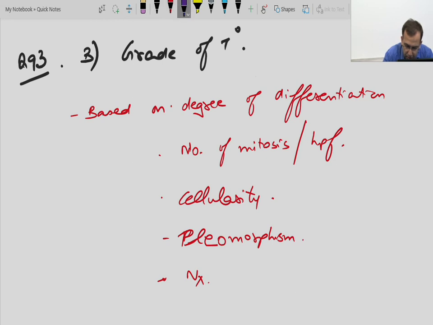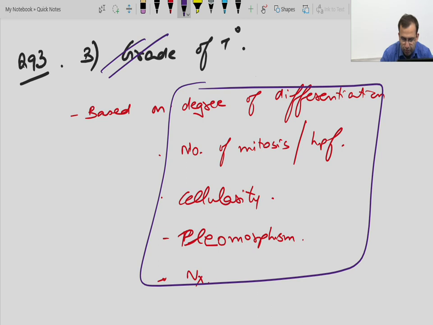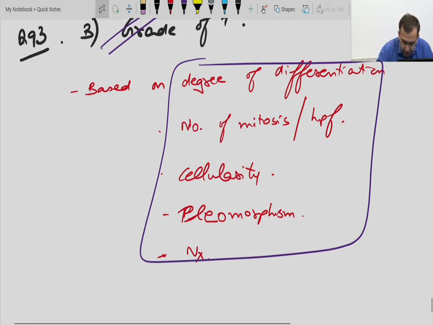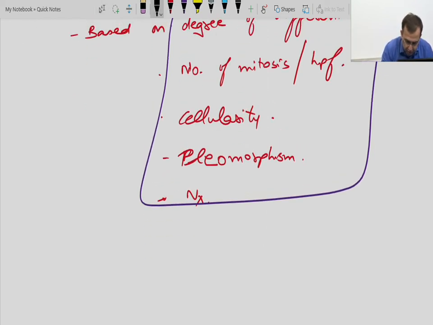All these components come under grading of the tumor, and this is the main prognostic indicator for mesenchymal tumors.